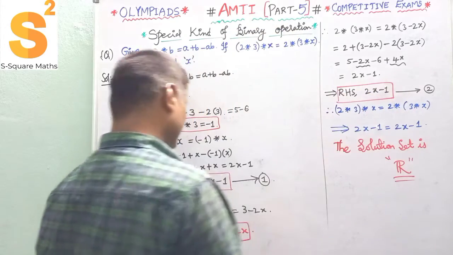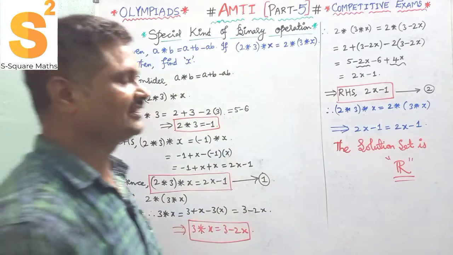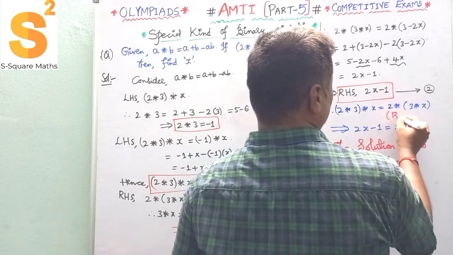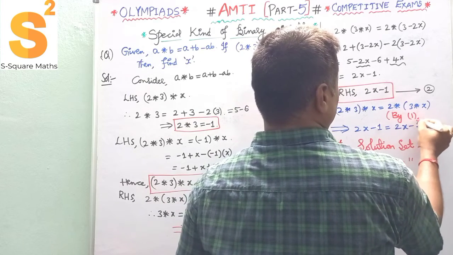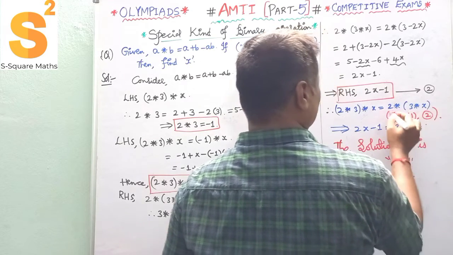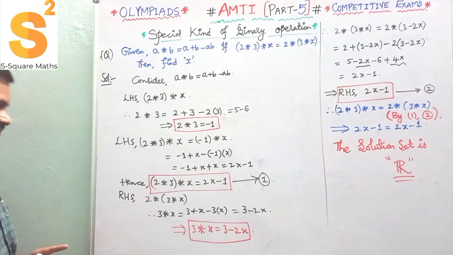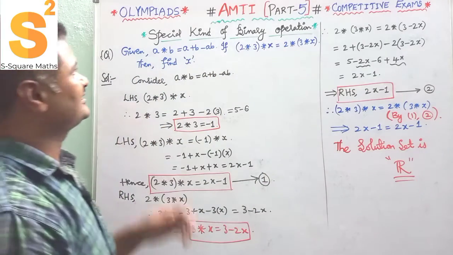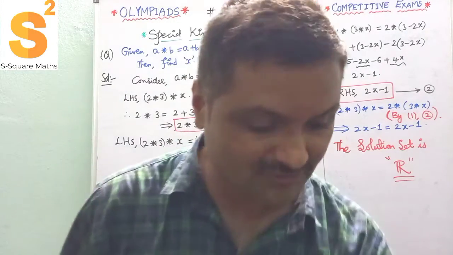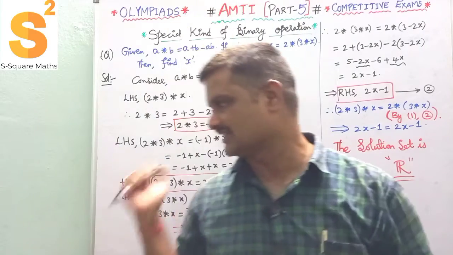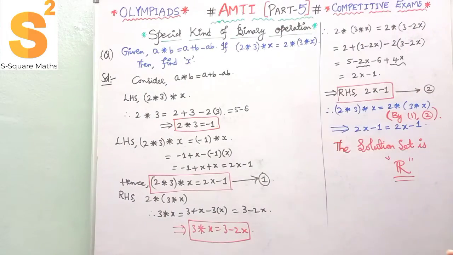Therefore equation 1 and 2, I have written here by 1 comma 2, substituted in this part. Okay. So like this, this is a special kind of binary operation, once you consider this totally.